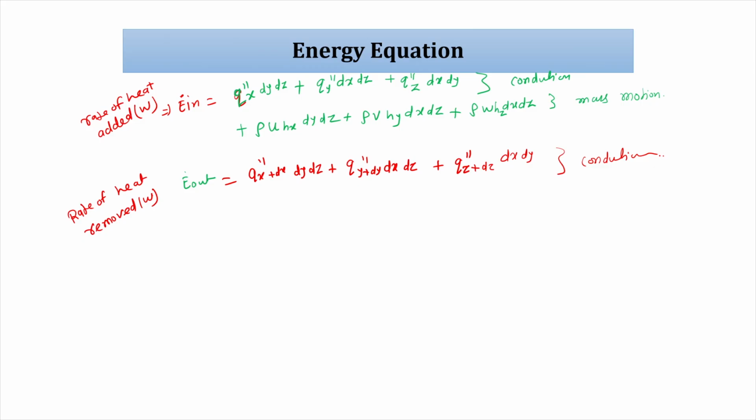Similarly, we can write the mass motion contribution: rho u h x plus dx dy dz plus rho v h y plus dy dx dz plus rho w h z plus dz dx dy. Sorry, there was a mistake here, it is dx dy, due to mass motion.